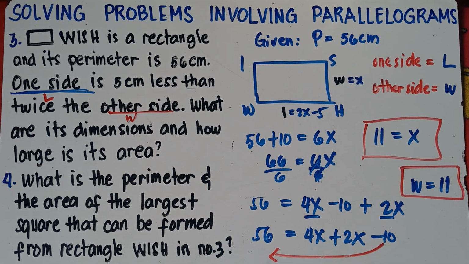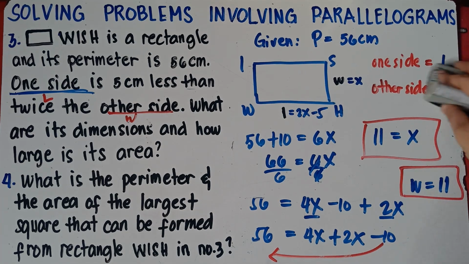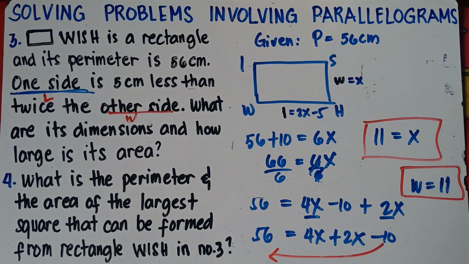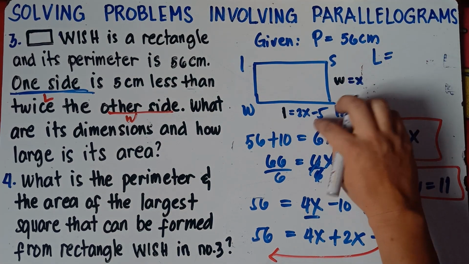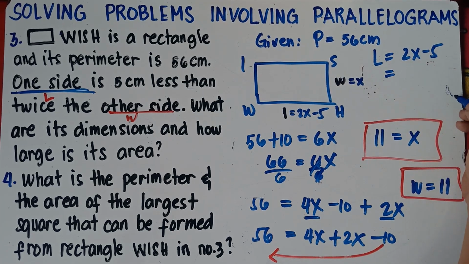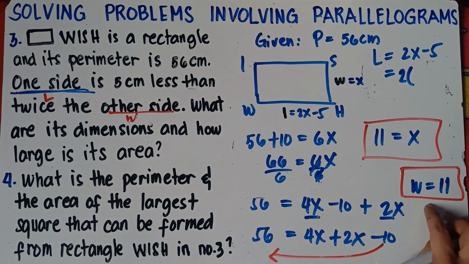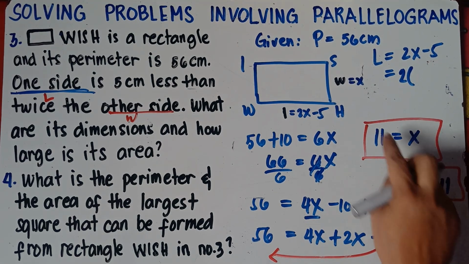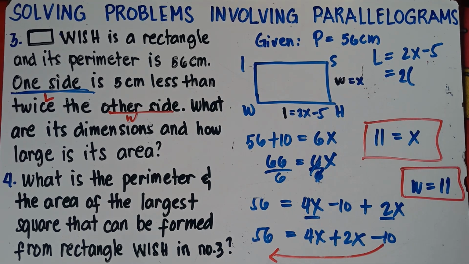So to get the value of the length, let me erase this one. Our length is equal to 2x minus 5. So this will be 2 times our x, which is 11. Once again, our x is 11, that is our width.